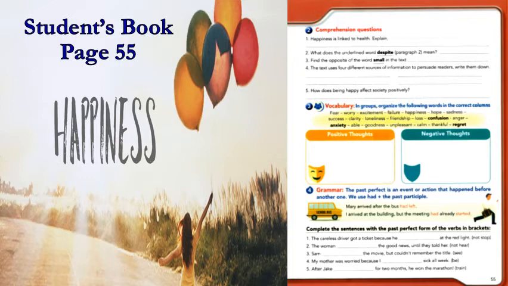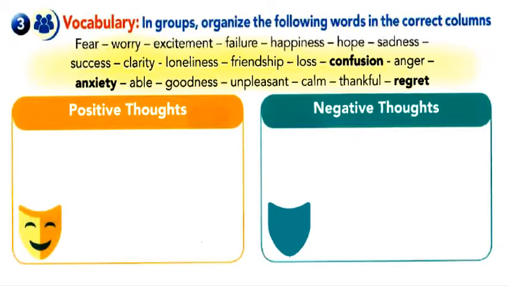So we should read the words, then put every word in the suitable column. In this exercise, my dear students, in groups, organize the following words in the correct columns.